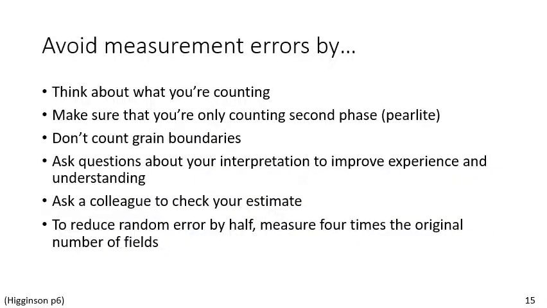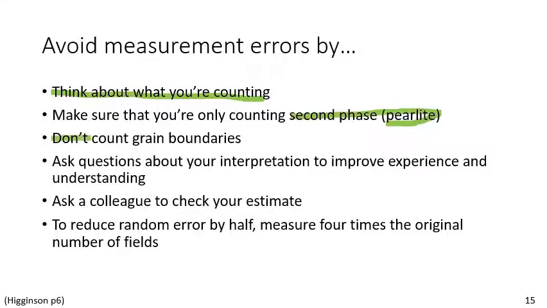So we want to avoid measurement errors. We need to think about what we're doing, think about what we're counting, make sure we are counting second phase. Not all of these images are going to be optimal. There's going to be some oddities. Sometimes the light phase will actually look like the dark phase. So we need to ask questions. We need to make sure we're only counting second phase, the dark phase, Pearlite.